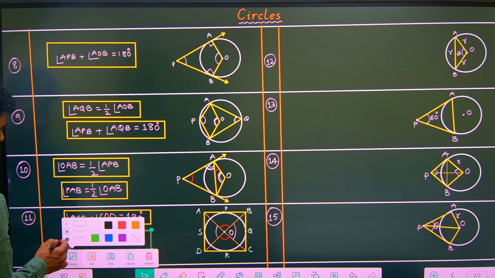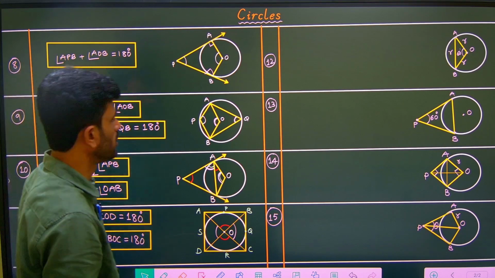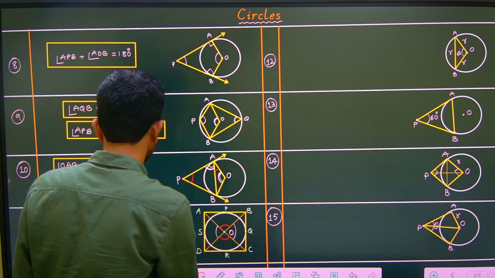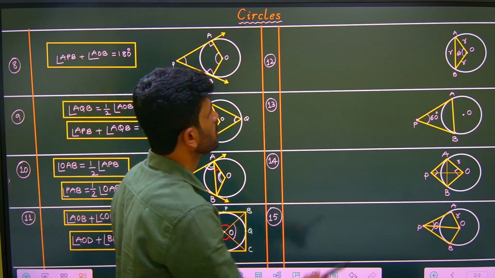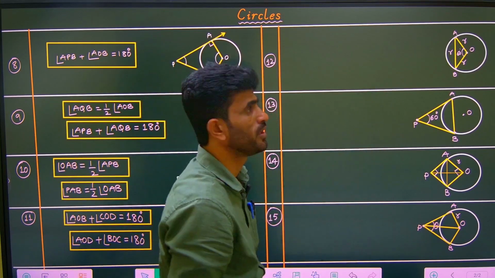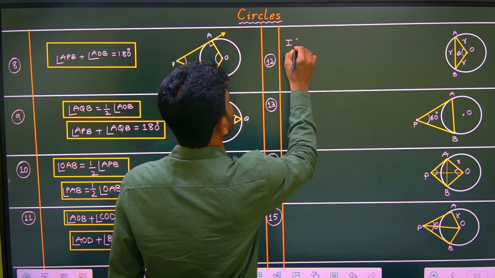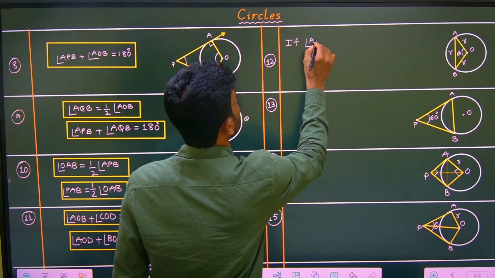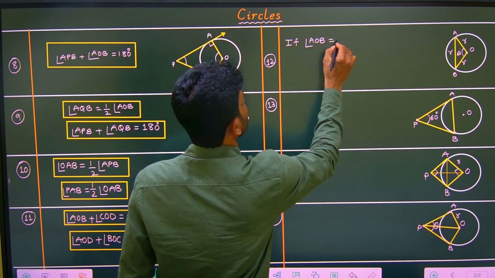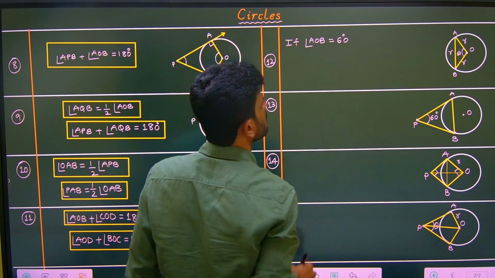Similarly, we have some more results related to distances and angles both. Here in this figure, the 12th formula: if angle AOB is given as 60 degrees, then what happens?